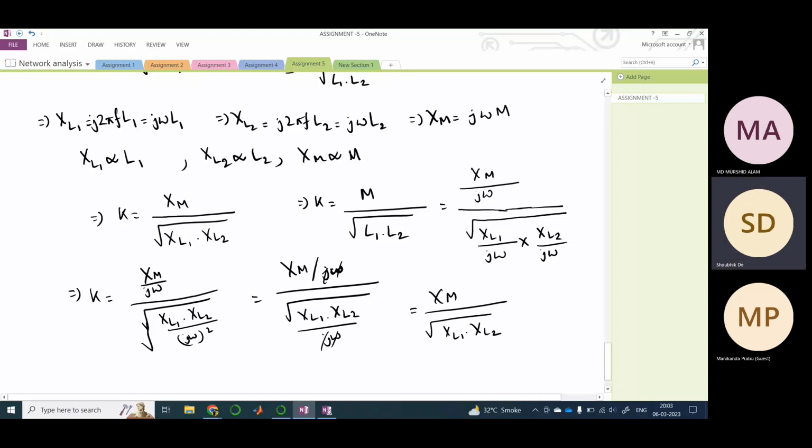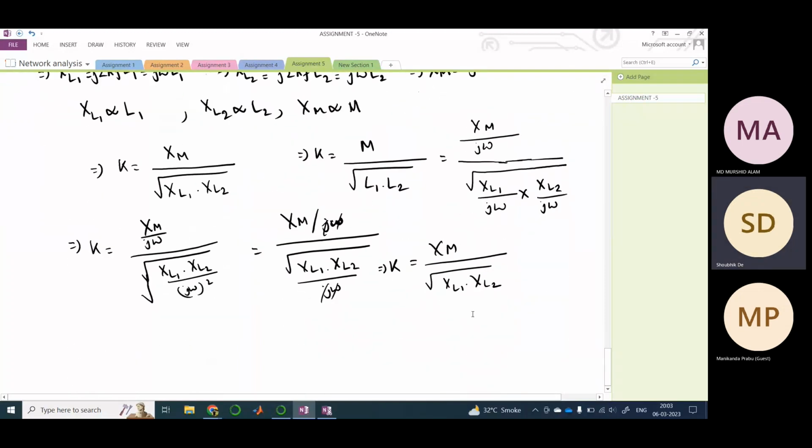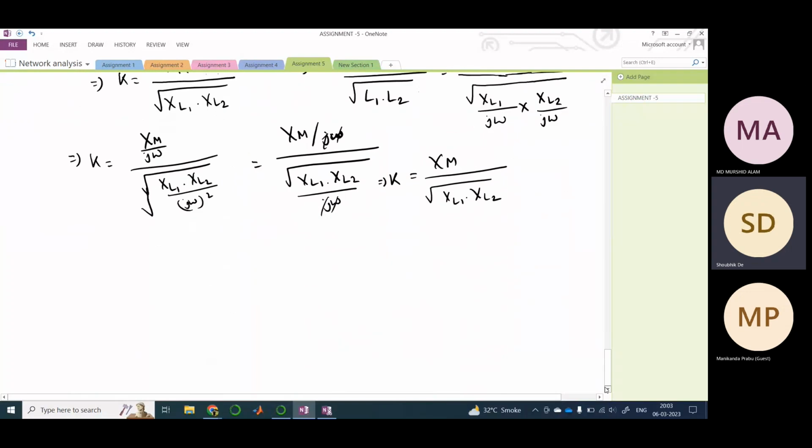So this is how we can prove that K is XM divided by the square root of XL1 XL2. This is pretty simple. I hope this is clear.